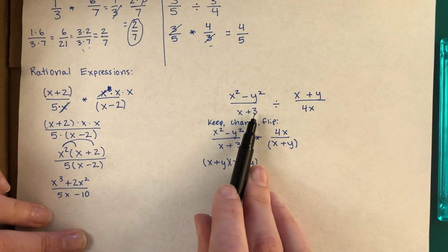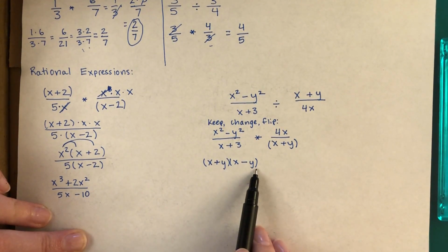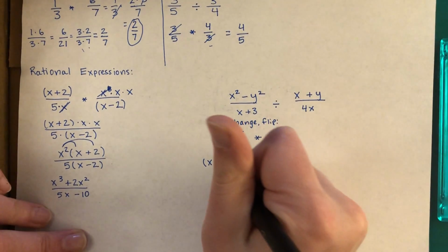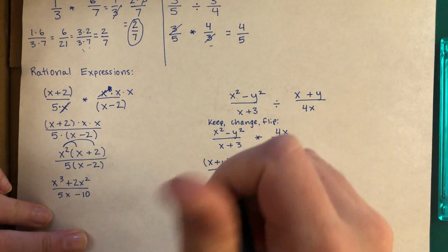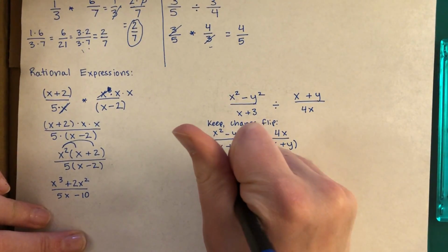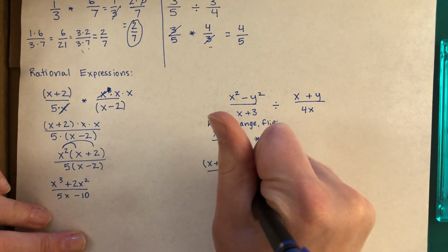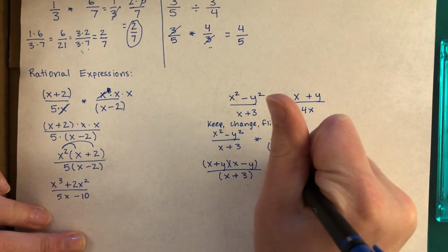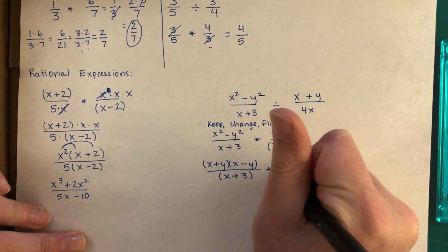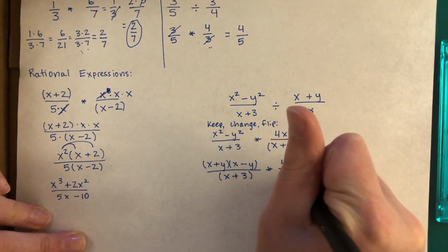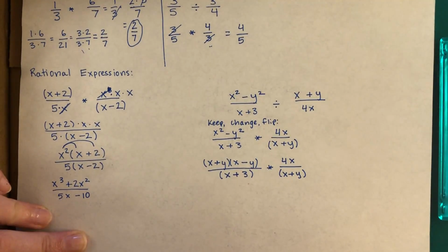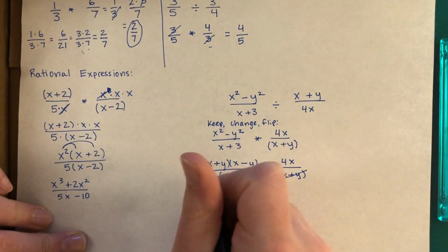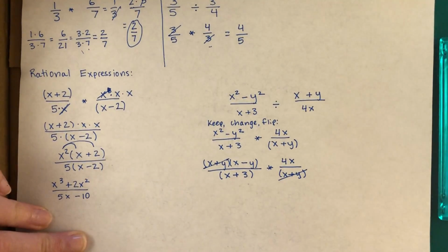If it's x squared minus y squared, we do y and y because y times y is y squared. This x plus 3 on the bottom, I'm just going to contain that addition in some parentheses times 4x over x plus y. Now, because I did this factoring step, we can recognize that I do actually have a match here that can cancel out.